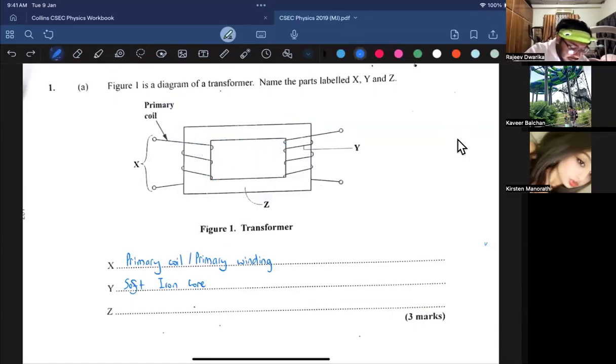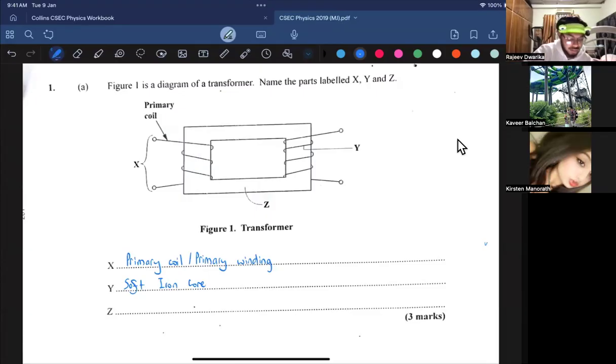If you have this in air, the magnetic flux would probably look like this. But because you have a ferromagnetic material with high permeability, it allows the magnetic field of the primary coil to reach the secondary coil more efficiently. And it allows for better power transfer, right? So that's some extra information.